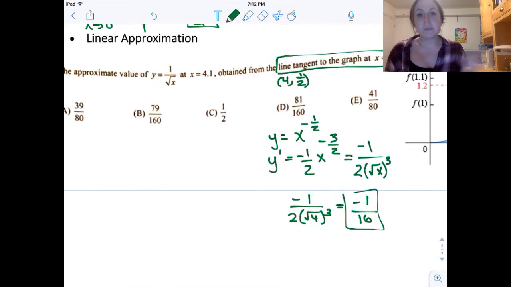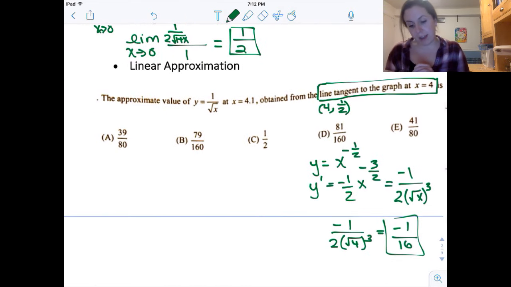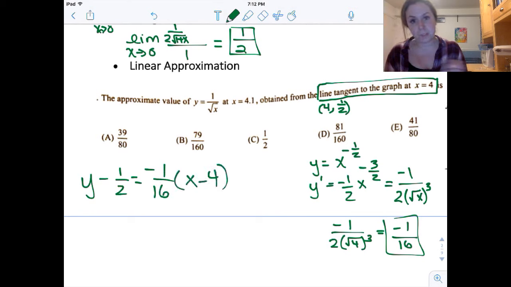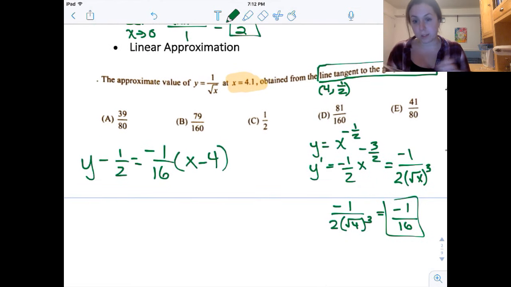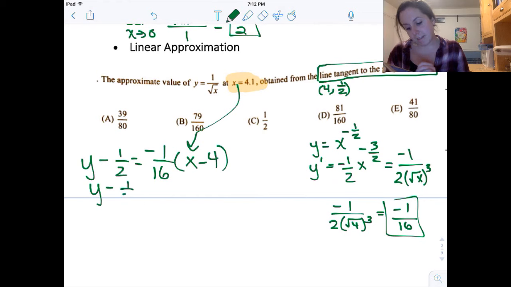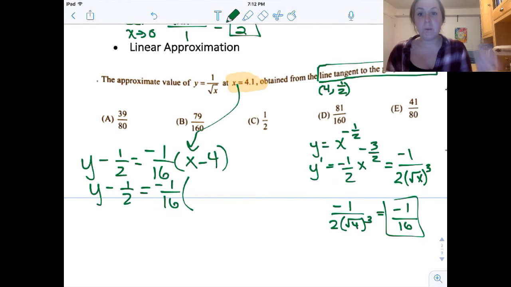So now write that equation. I would have y minus 1/2 equals negative 1 over 16 times x minus 4. And I want to know what that is when x equals 4.1, so I'm plugging that in for x. So y minus 1/2 equals negative 1 over 16 times 0.1, right? 4.1 minus 4, which is just 1/10.